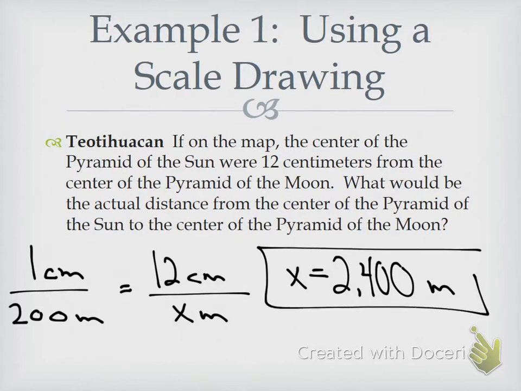Yeah, because I'm looking for the actual distance, right? I need the actual distance. I'm solving for the denominator, so that's how I know that my label is meters. All right, any questions? So if it was 12 centimeters away on the map, that's how far it actually is away in real life. Any questions on example 1? Anything?